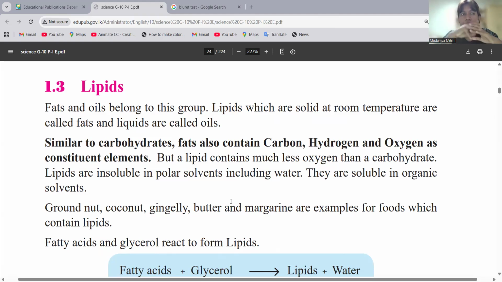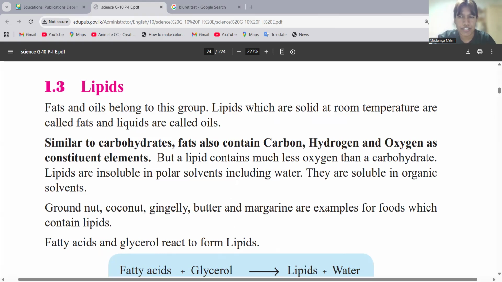So lipids are divided into fats and oils as well, but this is not the burning oil that we are talking about, but the stuff that's inside our body to produce energy and give us strength.